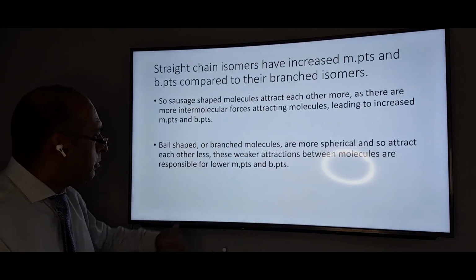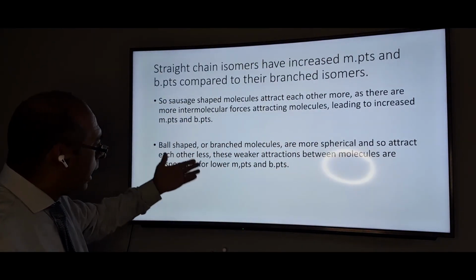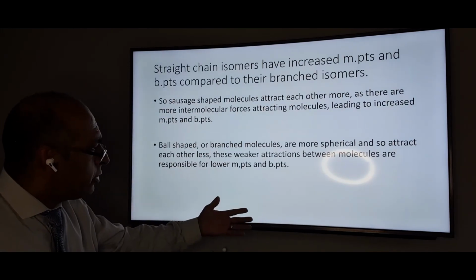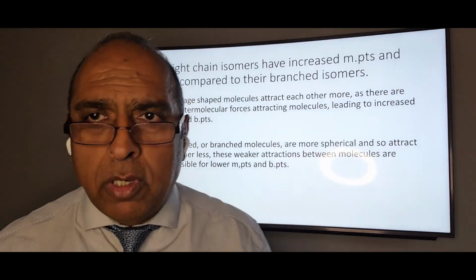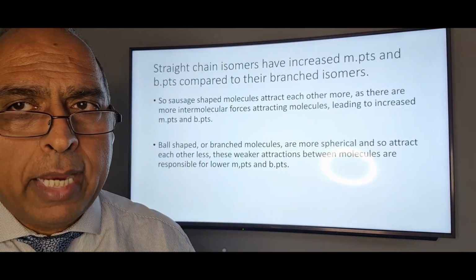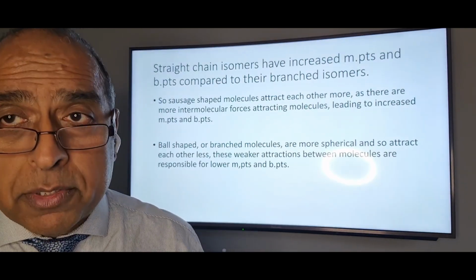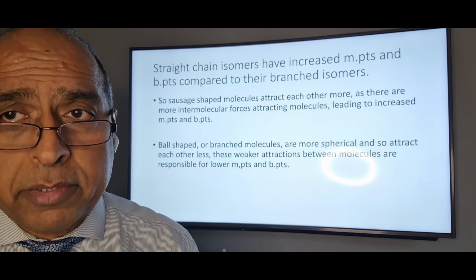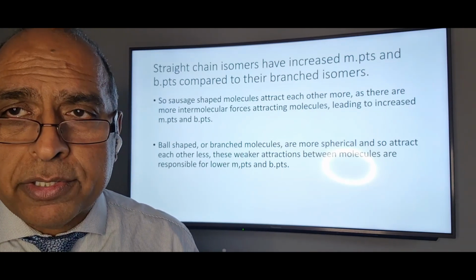Whereas ball-shaped or branched molecules are more spherical and so attract each other less, and these weaker attractions between the molecules are responsible for lower melting and boiling points. So if they're the same molecular formula, the shapes of the isomers fundamentally will affect the melting and boiling points.